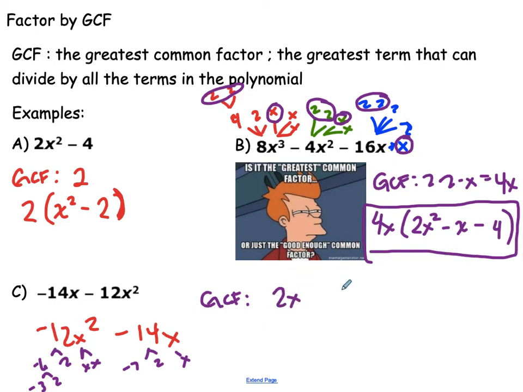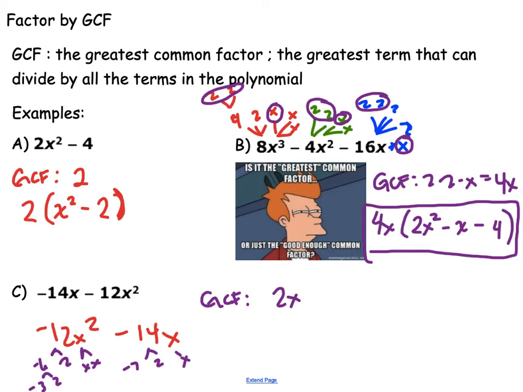Now here's the problem that I see here. Remember that you want to try to have a positive leading coefficient, meaning a positive x squared. So if right now it's a negative leading coefficient and you take out a positive GCF, you're going to end up with a negative inside, and that's not what you want. Okay, you want to try to avoid having a negative inside.